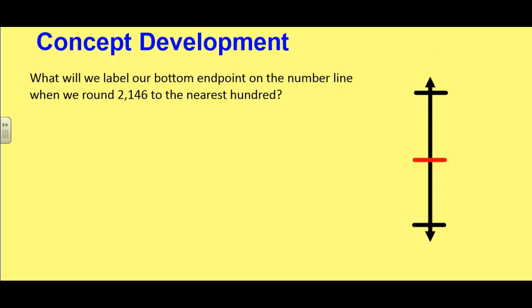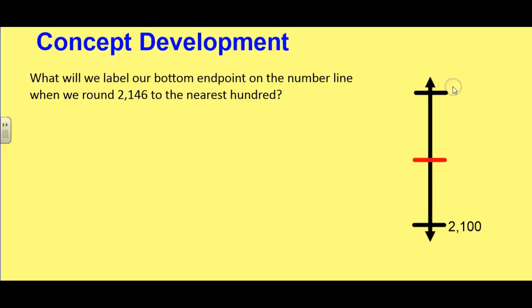Okay, so here's another one that also has a number in the thousands place. This number is 2,146, and we're going to round that to the nearest hundred. So the first thing that we have to ask ourselves is how many hundreds are in this number, and you can see that there is a 1 in the hundreds place. So that tells me that there is 100 in this number. So our bottom number is going to be 2,100.